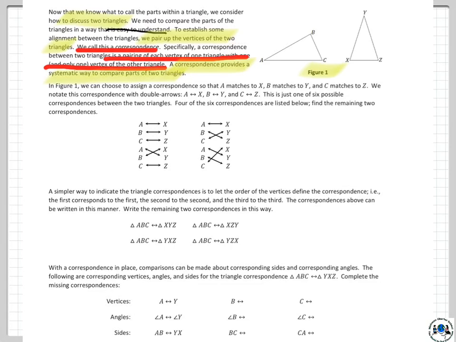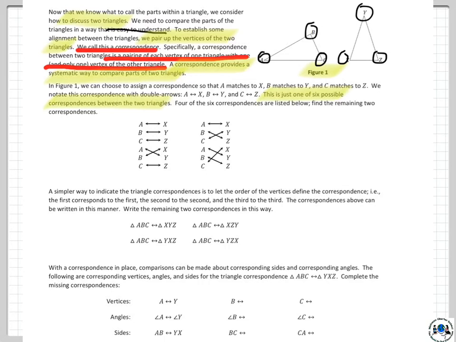So in figure 1, here's figure 1 right here, we can choose to assign a correspondence so that A matches to X. Okay, so here's A and X are going to match. Okay? And B matches to Y, and then C matches to Z. All right? This is just one of 6 possible correspondences between the two triangles.